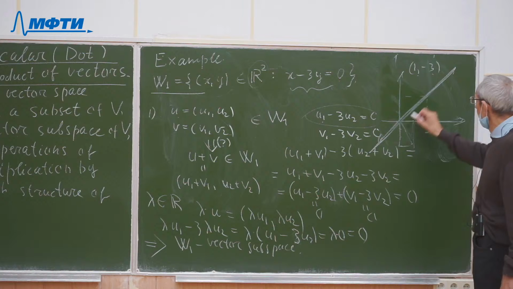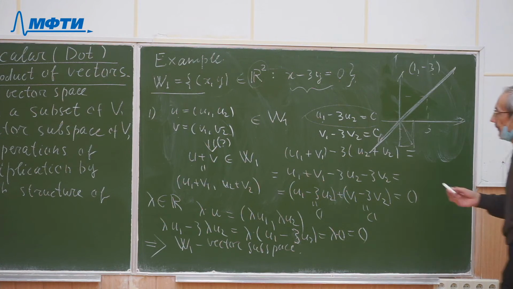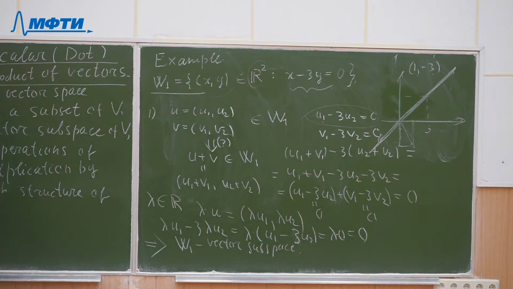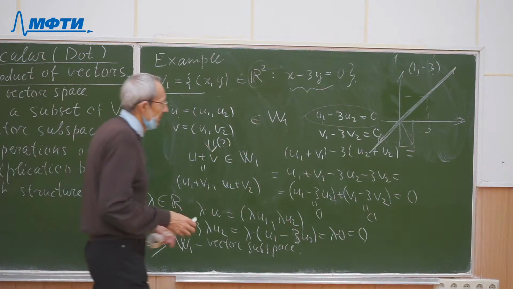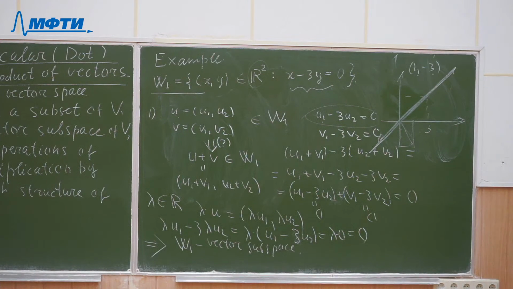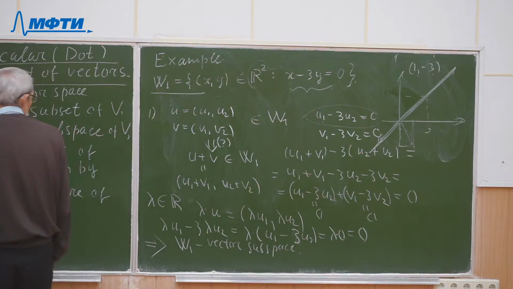This parallel vector with coordinates 3, 1, and any such vectors, if you consider any such vectors which are parallel to this straight line, this sum also has these properties.